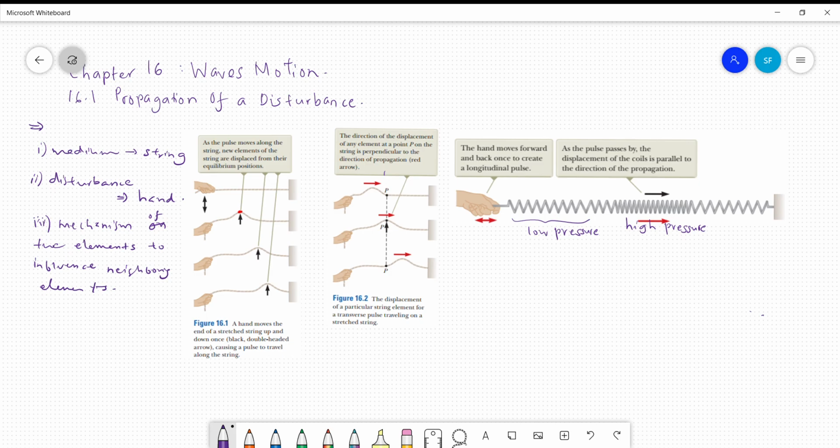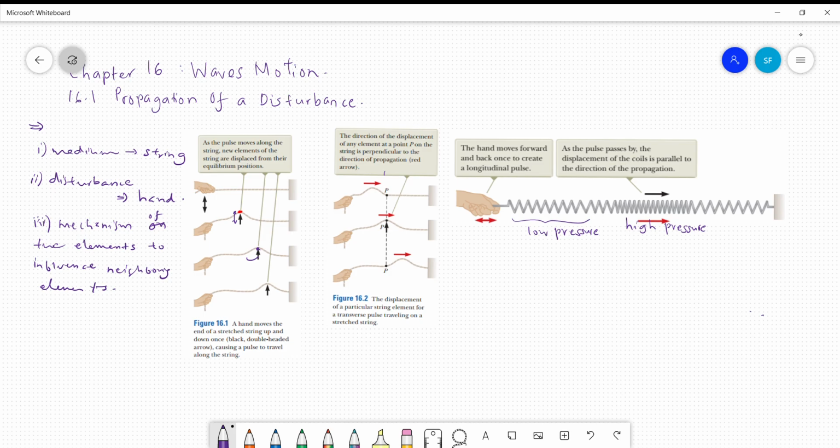As it displaces upward and then downward, the energy from the vibrations of the elements will be transferred to the neighboring elements, as you can see here. The elements here are vibrating up and down. Once one goes down, it transfers to the other element as well, until it reaches the end of the string.